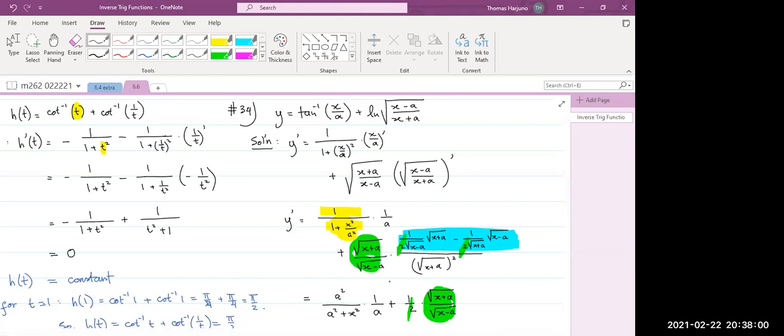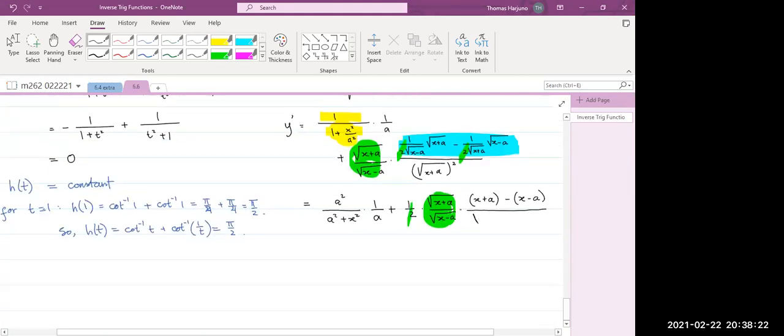And then I multiply the top and the bottom by square root of x minus a times x plus a. And I will get x plus a minus x minus a over square root of x plus a squared, square root of x plus a, x minus a.